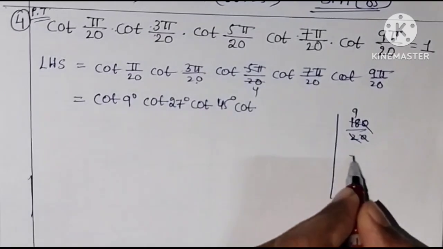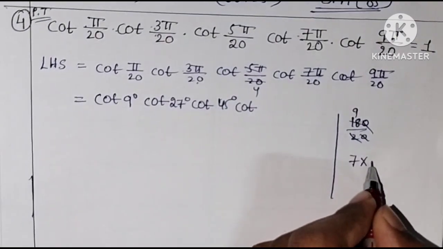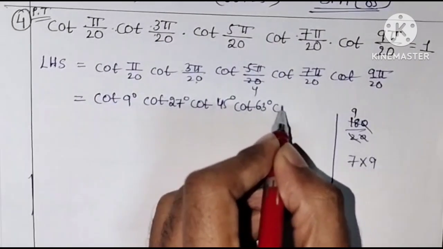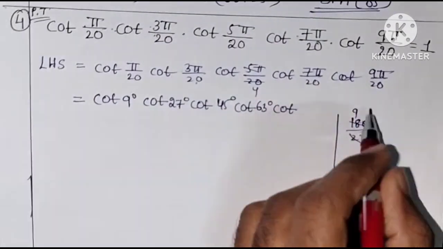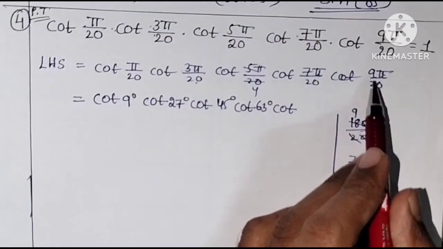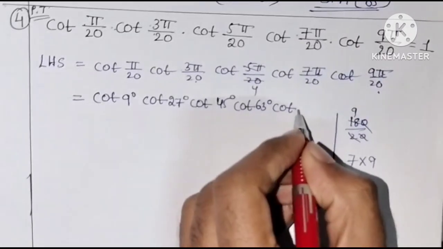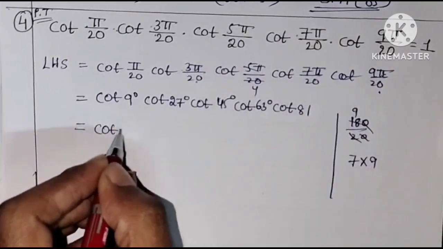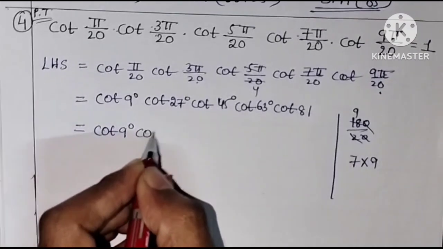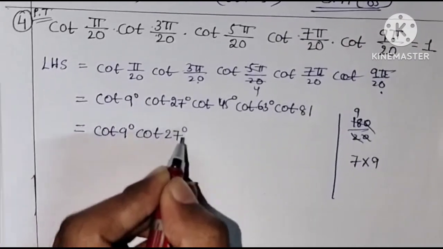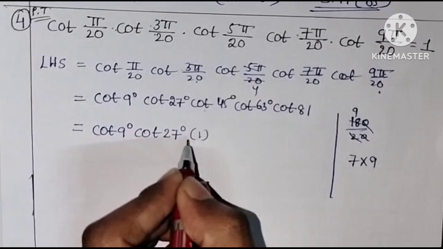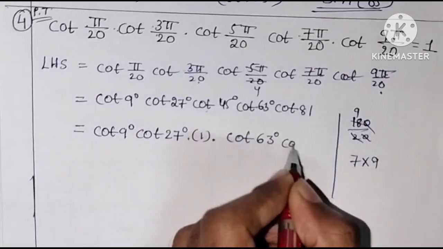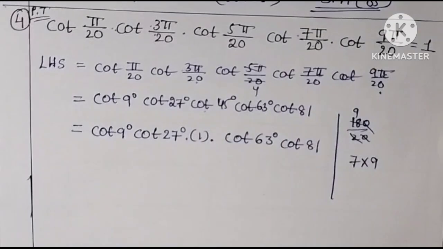Cot 7 pi by 20: 7 into 9, 63 degrees. Cot 9 pi by 20, how much? 9 nines are 81. Now cot 9 degrees, cot 27 degrees, cot 45 degrees, which is 1, into cot 63 degrees and cot 81 degrees.